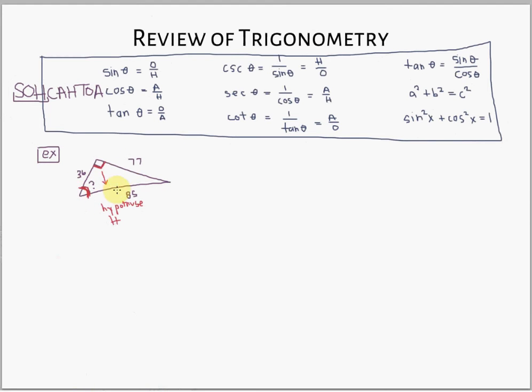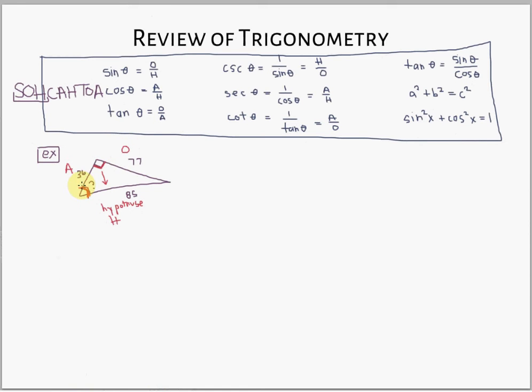This side touches my angle, but it's the hypotenuse. This side also touches and forms my angle, so that would be considered my adjacent side. That would be A. The opposite side is always the side that is across from your angle and does not touch your angle. So that would be opposite.